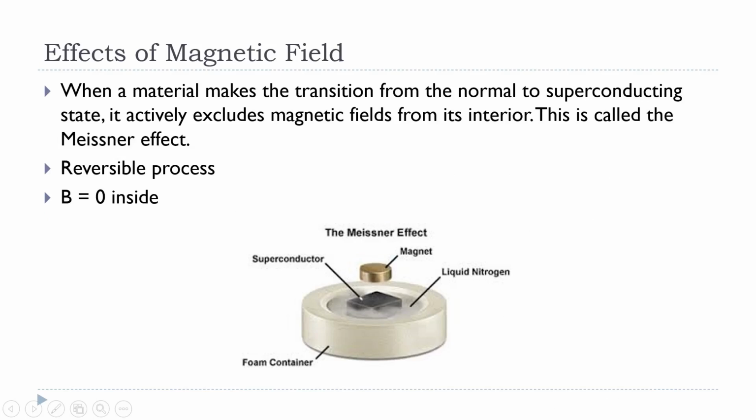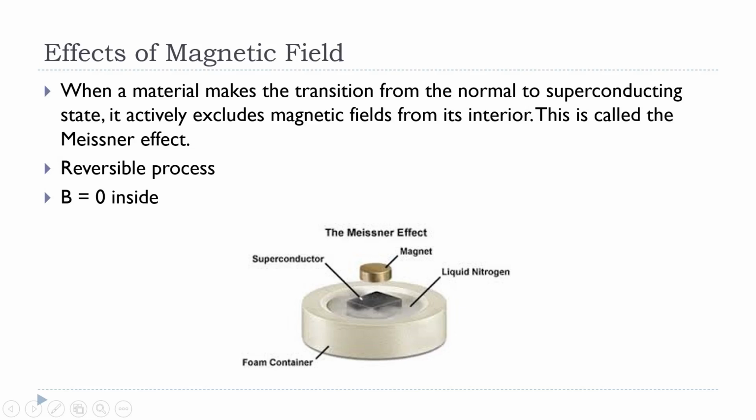Now, when the material makes the transition from the normal to superconducting state, that is, when it becomes the superconductor, it actively excludes magnetic fields from within it. This is called Meissner effect. Now assume that this is a superconductor. Okay. Now it is at room temperature. If we place a magnet above it, it will sit comfortably on it.